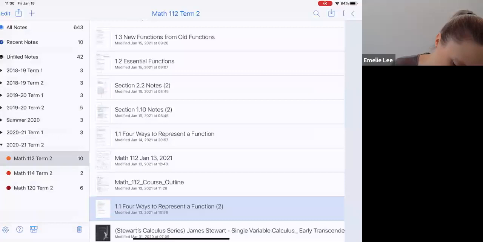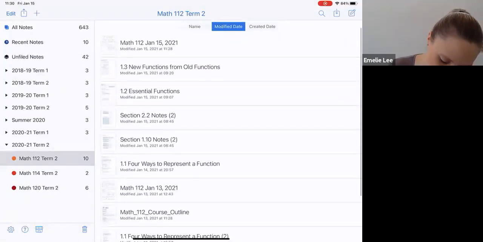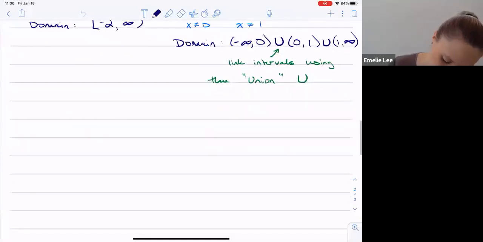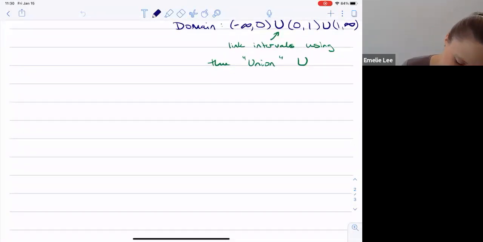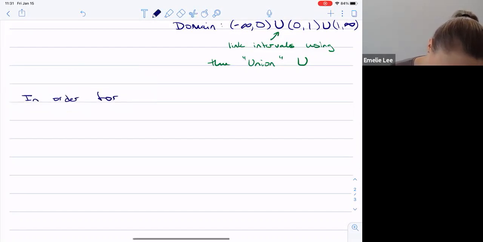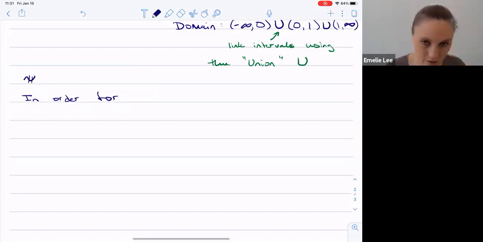Okay, so I'm just going to grab that whole kit and caboodle and say, I should try to indicate that that's the end of our example.